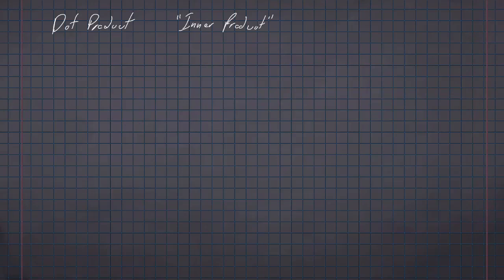And you are familiar with the idea of a dot product. We define vector x dot vector y as x1 y1 plus x2 y2 plus dot, dot, dot, all the way to xn yn.